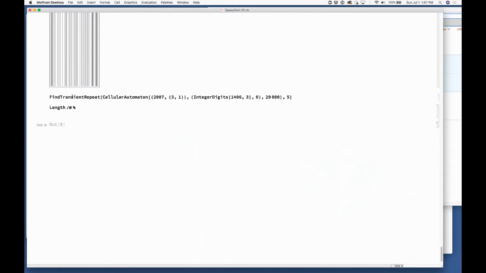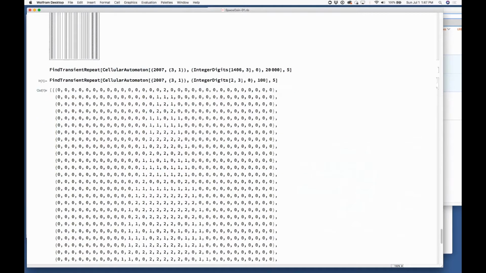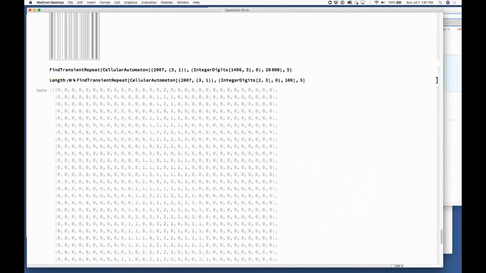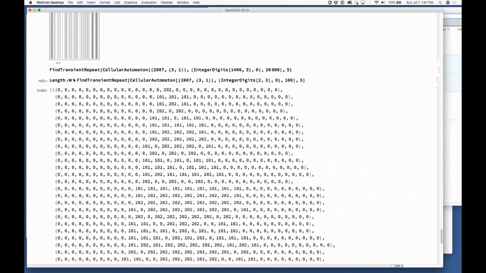So we'll try integer 2, and let's do just 100 steps. Let's see what this does. I see. So this is giving us, if we now just find the lengths of each of those, what is that doing?